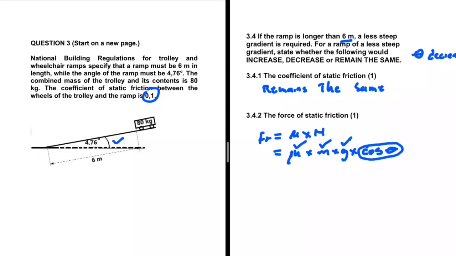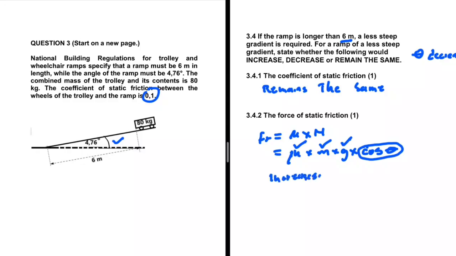You can see in front of you that what is affecting the frictional force is the angle. The coefficient, the mass, and the gravity will remain the same. So when the angle decreases, what will happen to cos θ? Well, cos 0 is 1 and cos 90 is 0. So as the angle decreases, cos θ increases, right? So we can say here that the force of static friction increases.